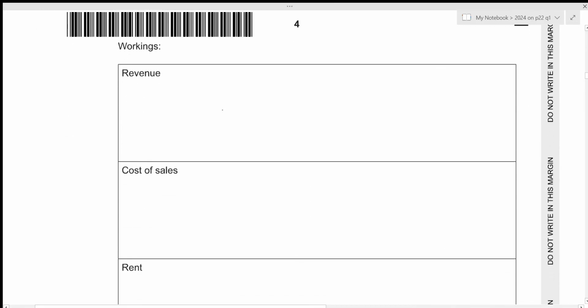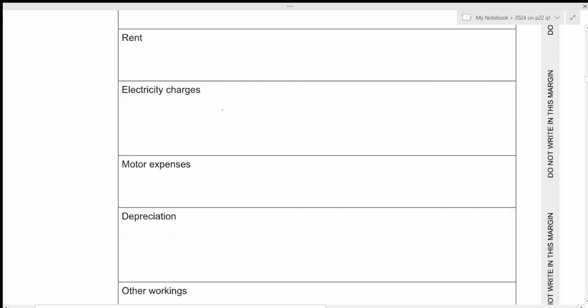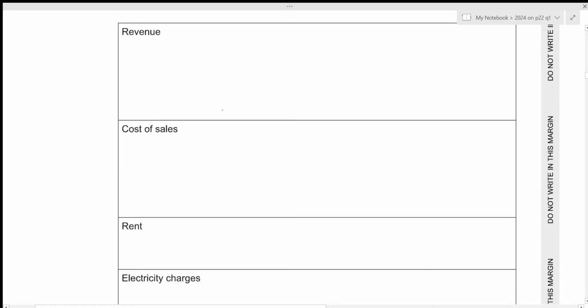So we have to show the workings for our revenue, cost of sales, rent, electricity charges, motor expenses, depreciation, and other workings. In this case, before preparing the statement of profit or loss, let us first go over all of the additional information and do the correct workings so that we have the final figures to be included within our statement of profit or loss.